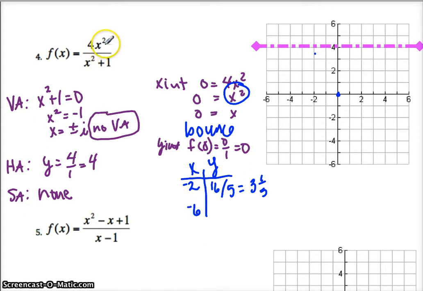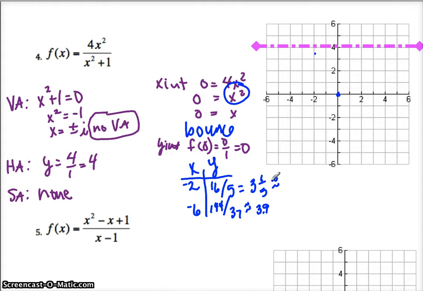-6 squared is 36, and 36 times 4 is 144, divided by -6 squared is 36 plus 1 is 37. So 144 divided by 37 is approximately 3.9.